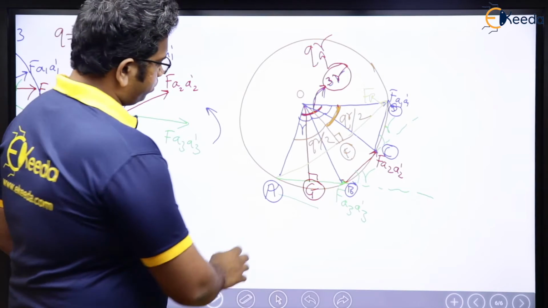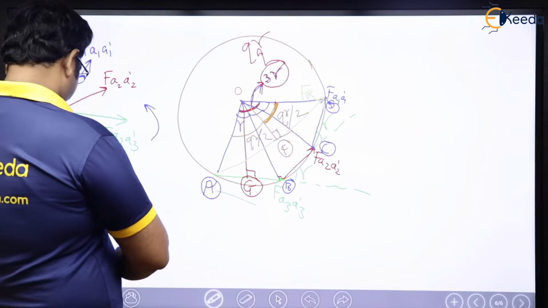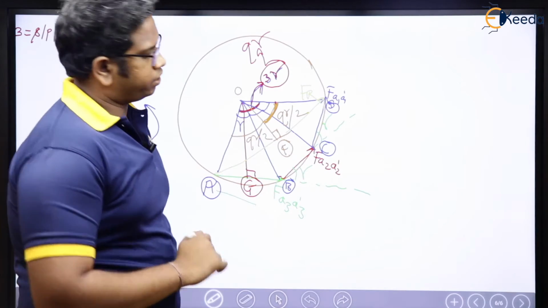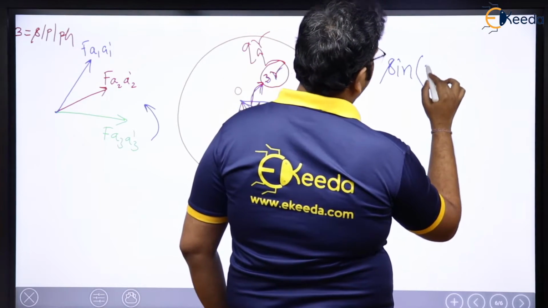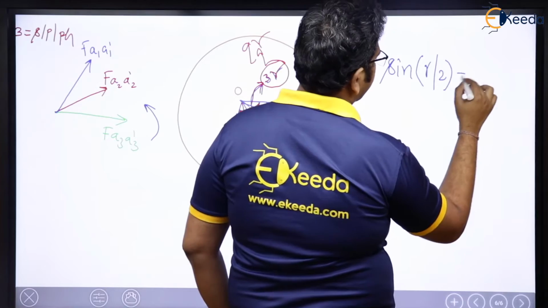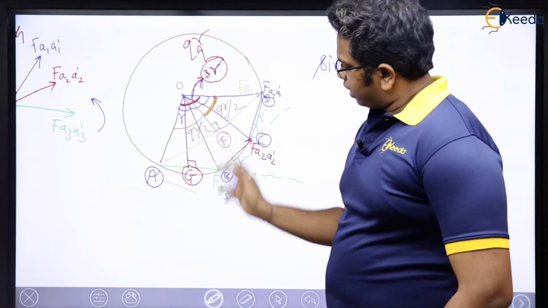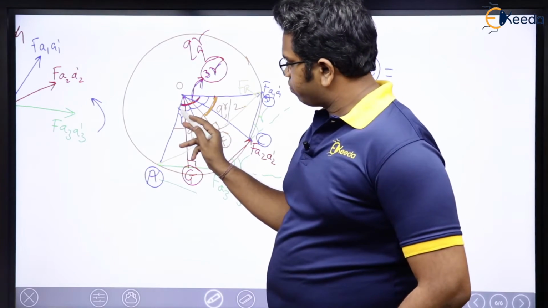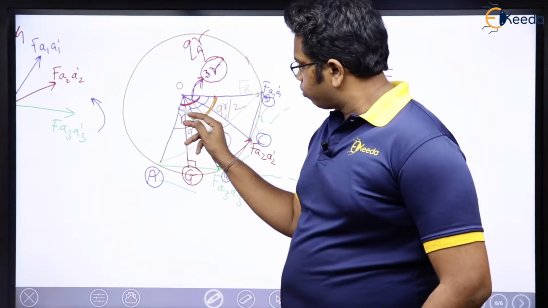What we need to do is just take whatever we have done previously, this is just revision, that's it. Let me take sine gamma by 2 first. What is sine gamma by 2? This whole thing, the blue angle, was gamma.